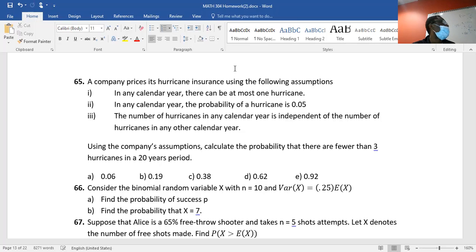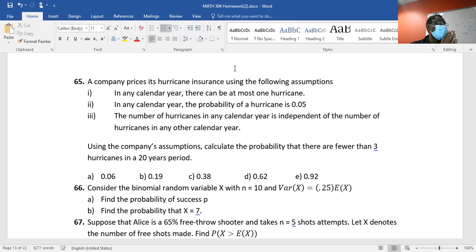What distribution are we using? Is it a uniform distribution? Is it a binomial distribution? Is it a geometric distribution? Is it a negative geometric distribution? Those are the distributions we have learned about.